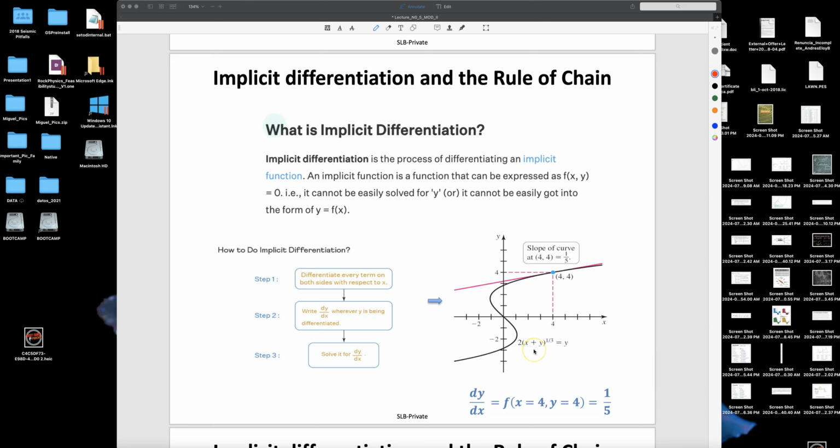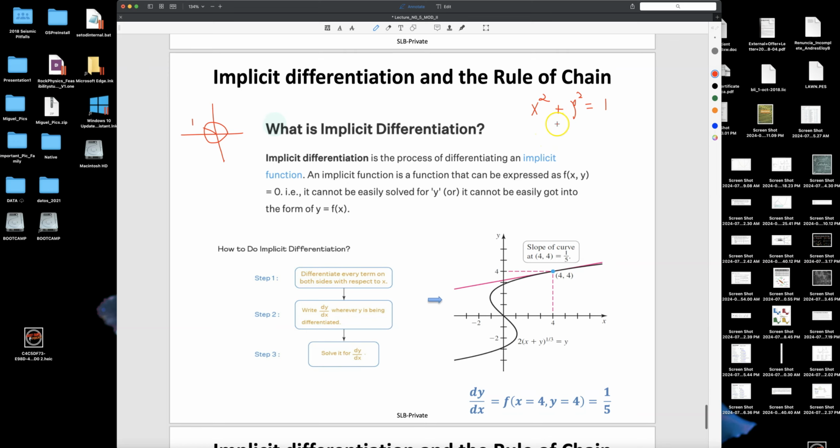Another implicit function is a circle. So, let me write down here. The unit circle, for instance, x squared plus y squared equals to 1. That is the unit circle. That represents, in our Cartesian plane, a unit circle in which the radius is equal to 1. Okay, but in this case, it's a little bit easier.